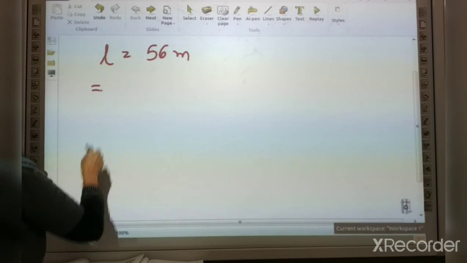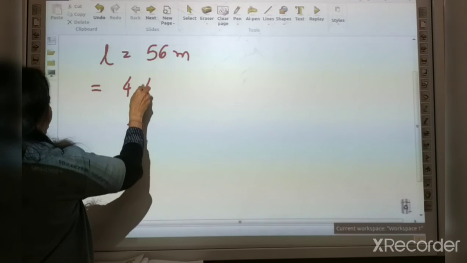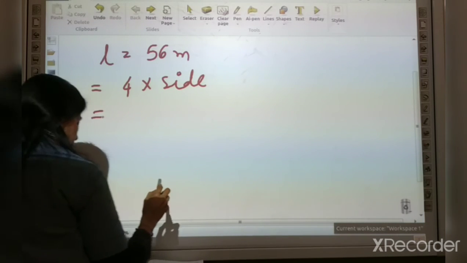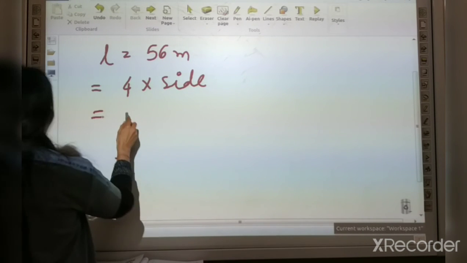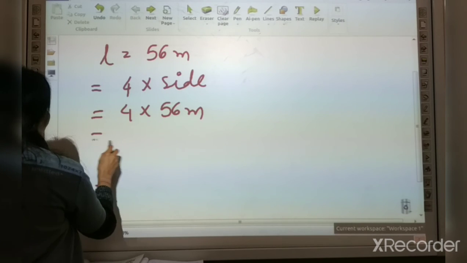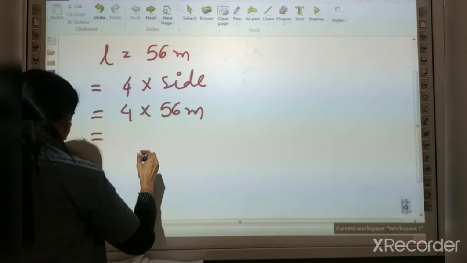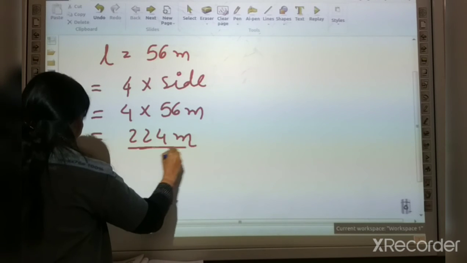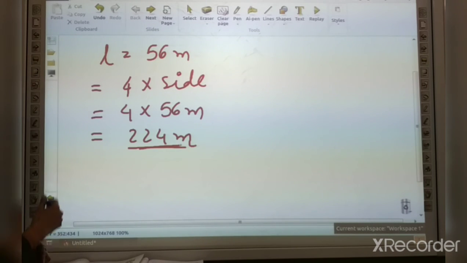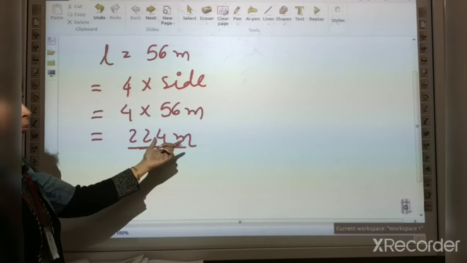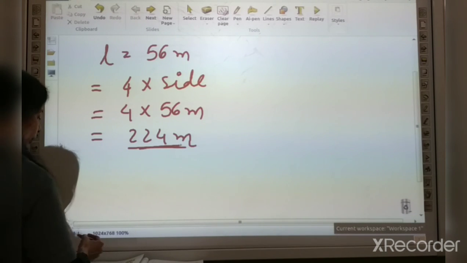So perimeter of square is equal to 4 into side, right? 4 into side. So 4 into 56 meter is equal to 56 4s are 224 meter, right? Fencing has to be done 2 times, right? What we have to do is 224 multiply with the 2, right?